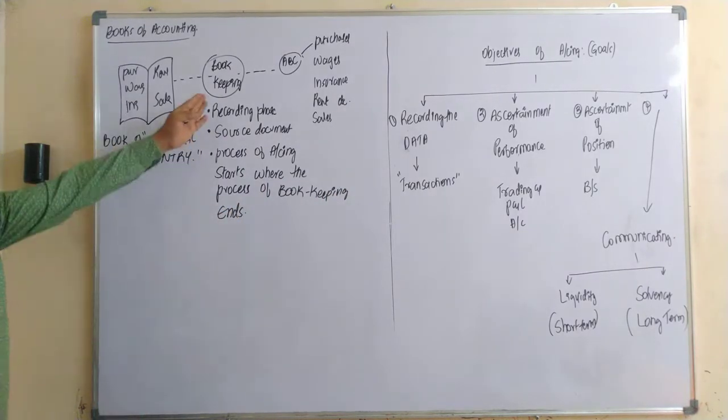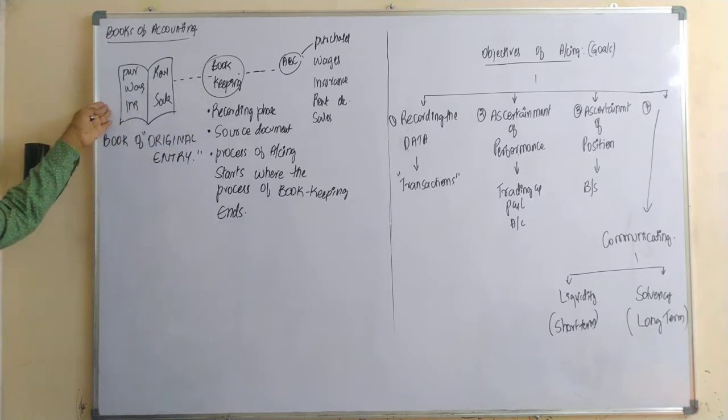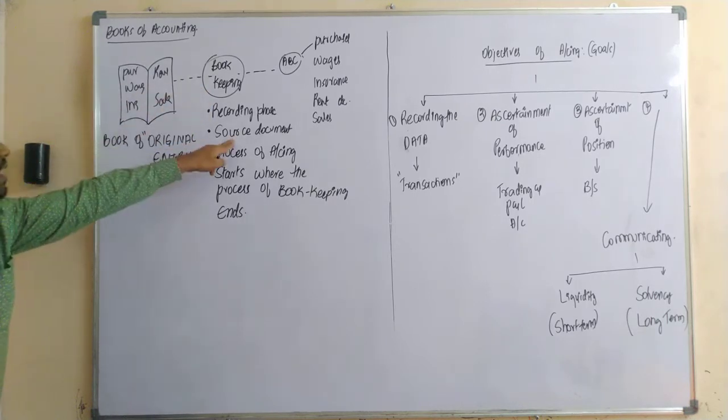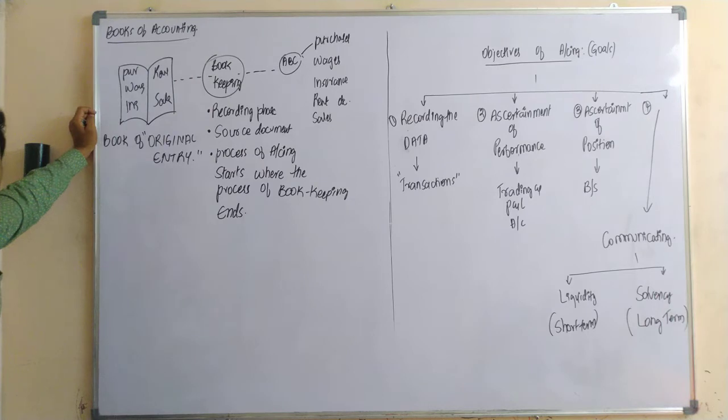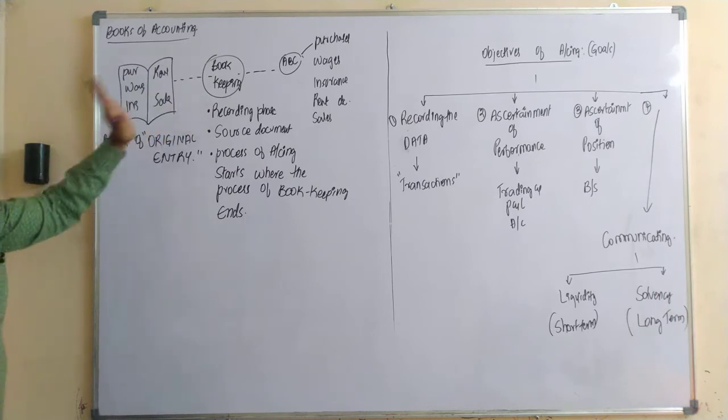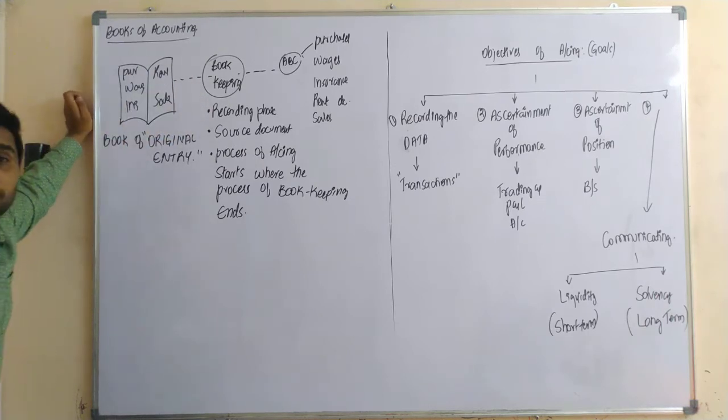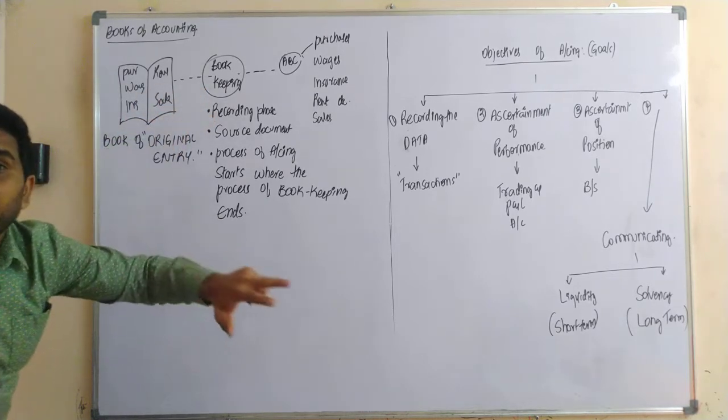Yes or no? That means after recording in the bookkeeping only, you are going to record in the book of accounting by checking their source document. Yes or no? This is nothing but your bookkeeping. The person who is responsible to record the data in the bookkeeping is called the bookkeeper.